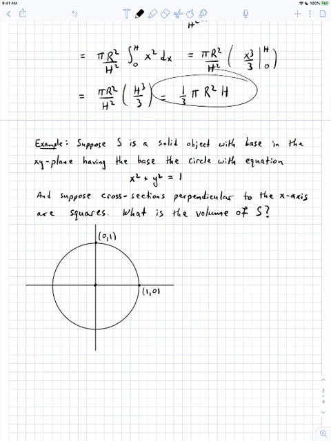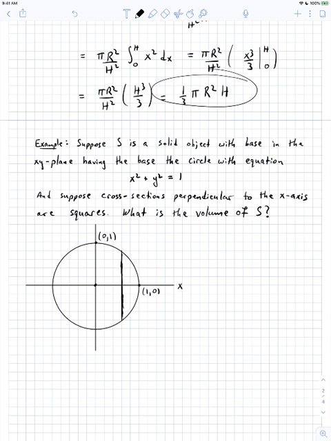And the cross-sections perpendicular to the x-axis, well, this is the x-axis, so cross-sections perpendicular to the x-axis look like this. And this says that they're squares. So what that means is that there's a square sitting right here on this line. Imagine you're looking straight down at it from above. You wouldn't be able to see the square. It would just look like a circle.